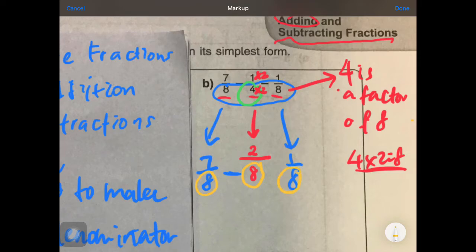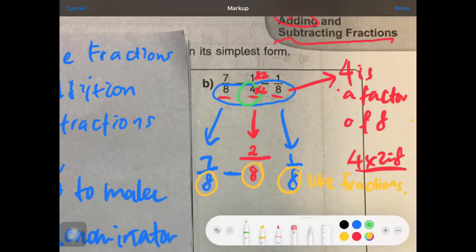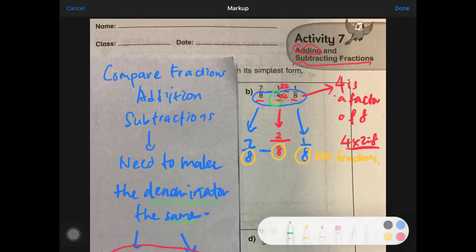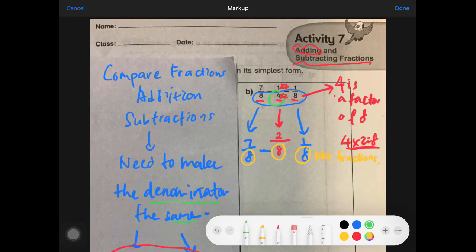Only when they have the same denominator, only when they are like fractions, can you add or subtract. Do not add or subtract when you don't have the same denominator. This is very important. After that, you just look at the numerators and subtract them.